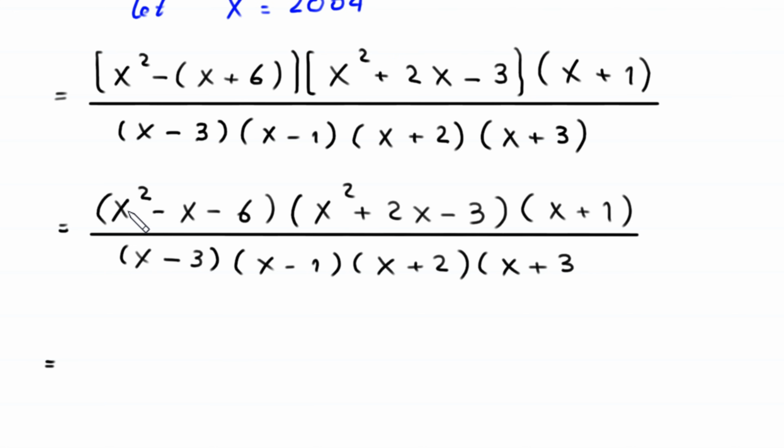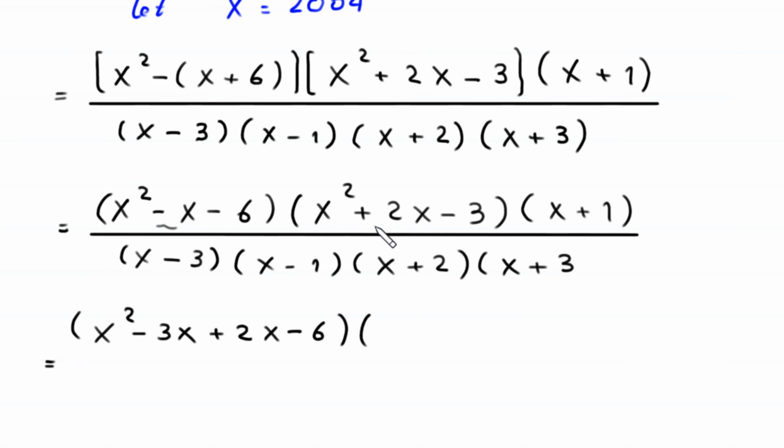We write this x squared, and we break this negative x into two terms: negative 3 times x plus 2 times x minus 6. Times this expression, which is also factorable.